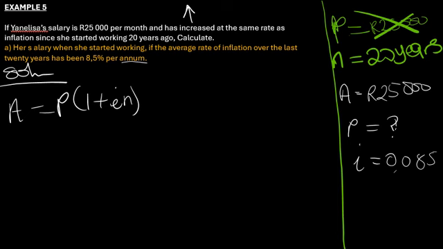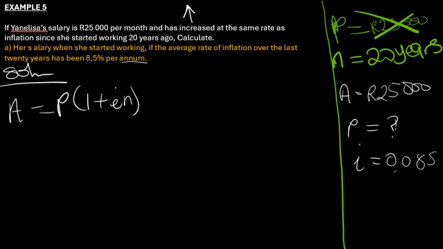We are not told whether it's compounded monthly or what, but what you need to know is that the average rate of inflation over the last 20 years has been 8.5% per annum.